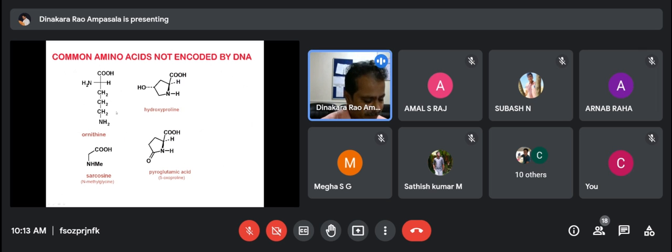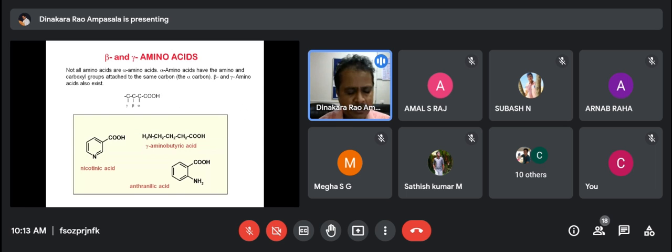Okay, during the metabolism of these amino acids, they form byproducts inside the cell. For example, ornithine, hydroxyproline and pyroglutamic acid are all amino acids in nature, but they are not encoded by DNA. They are formed via metabolism, inside the cell.